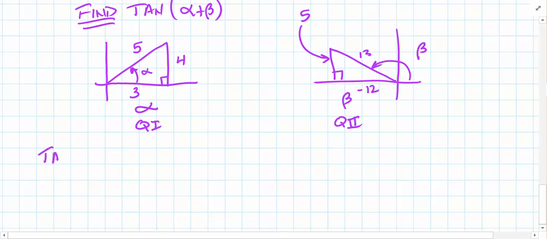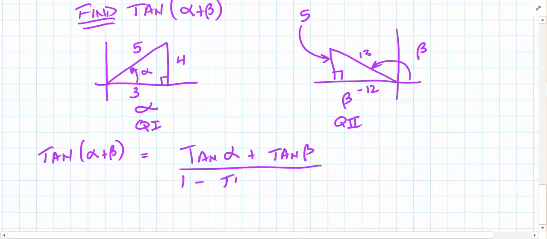So here you go. Let's do some computation then. The tangent of alpha plus beta is supposed to be the tangent of alpha plus the tangent of beta, all divided by 1 minus tan alpha tan beta. All right, so let's take it nice and slow because we don't want to mess this part up here.